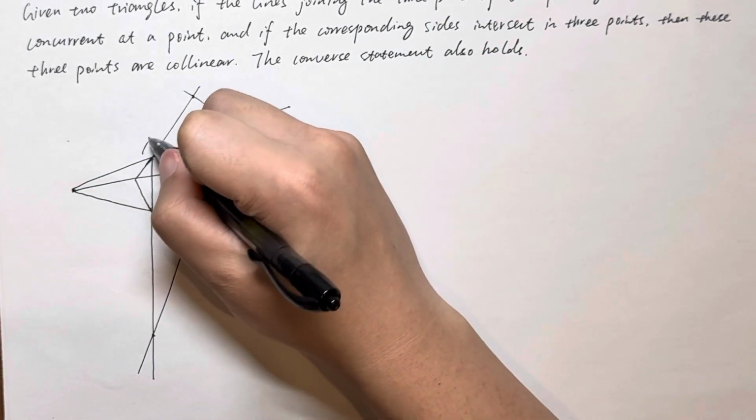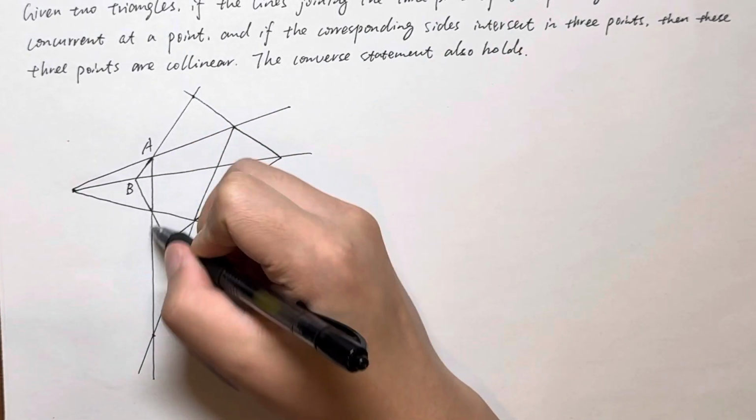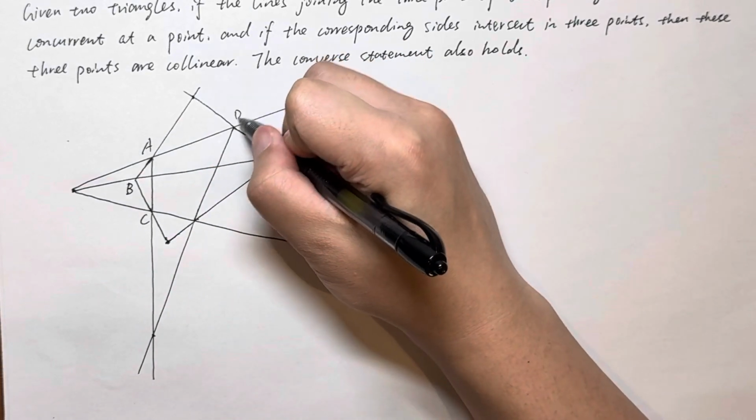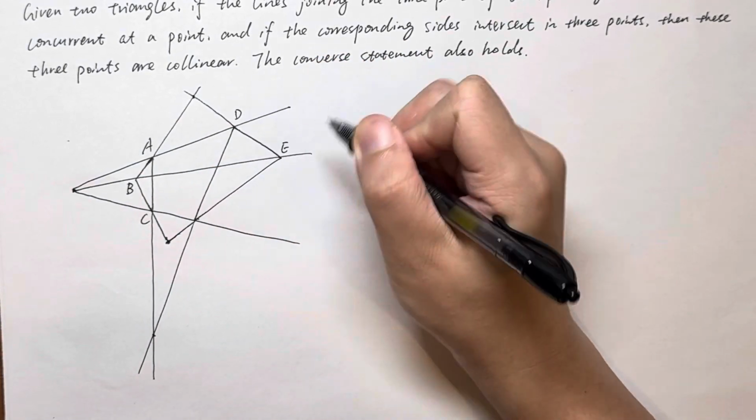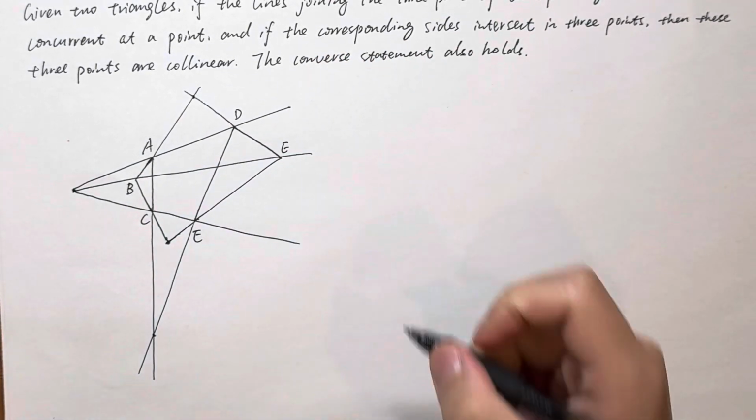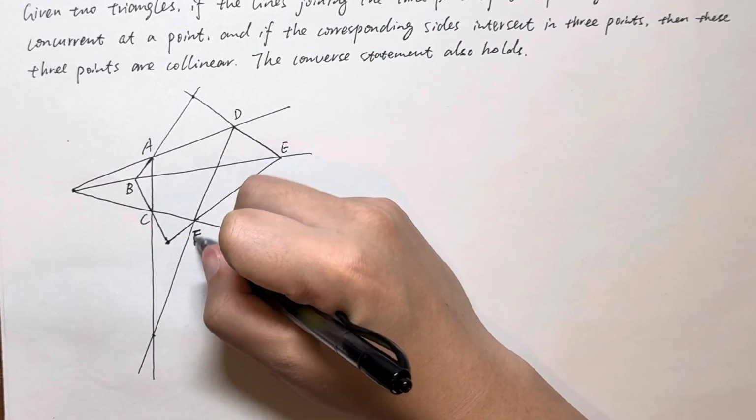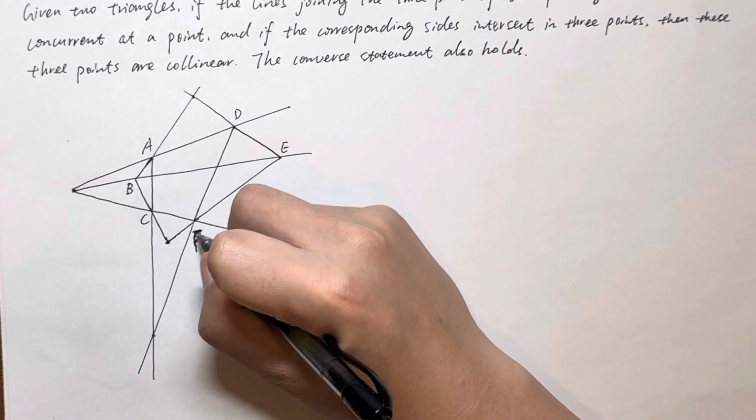So let me mark the vertices. This is F, okay.